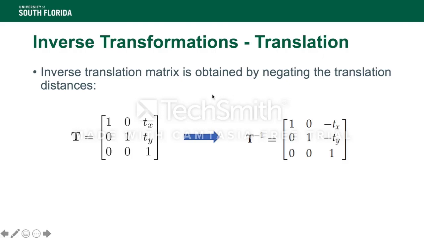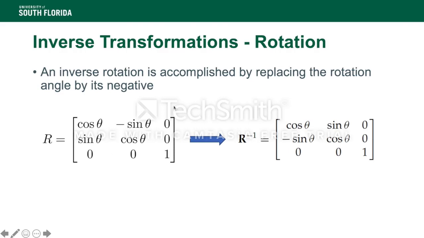In the case of a translation, the inverse translation matrix is obtained by negating the translation distances. For example, if this is the original transformation, the inverse transformation will be generated by using minus tx and minus ty in place of tx and ty. For rotation, an inverse rotation is accomplished by replacing the rotation angle by its negative.